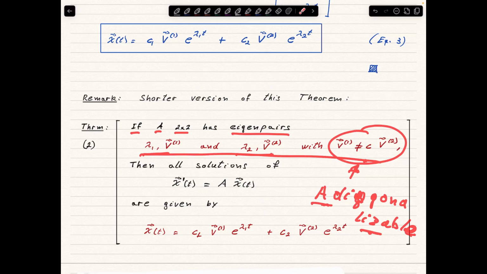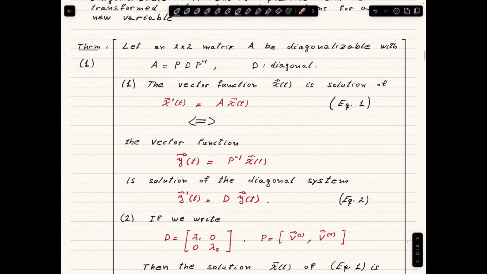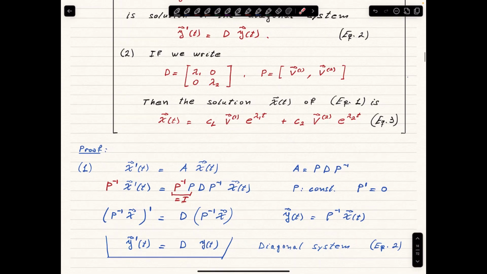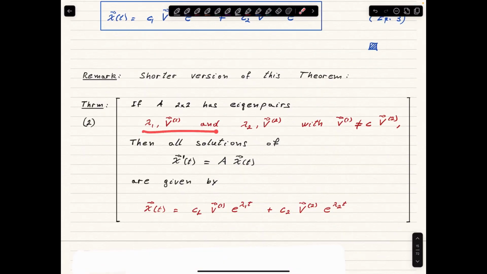And in the previous theorem we have the hypothesis of being diagonalizable, so we already have this hypothesis, but it's not mentioned explicitly. It's right there. Diagonalizable means these two vectors are not proportional to each other. Okay, and then we relate in the theorem the eigenvectors and eigenvalues with the solution directly.